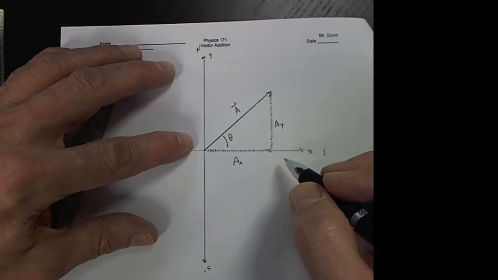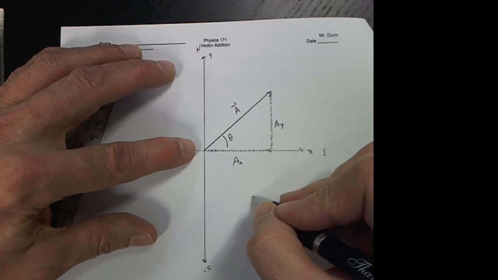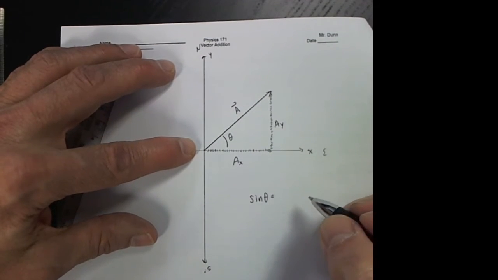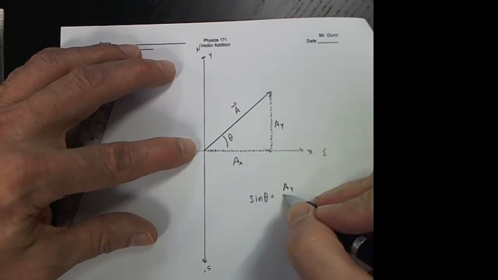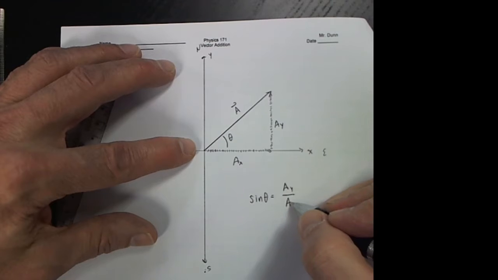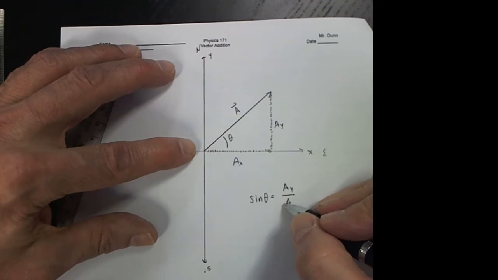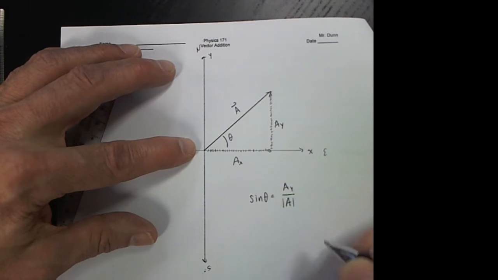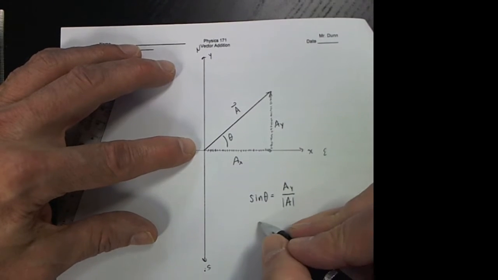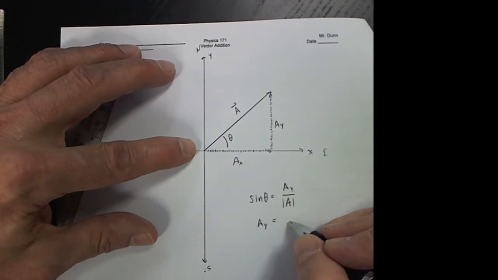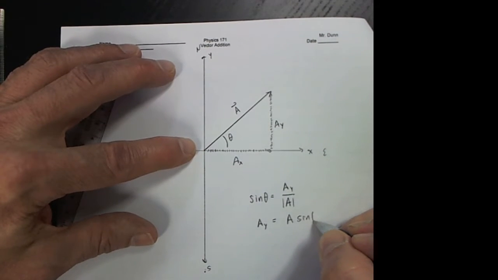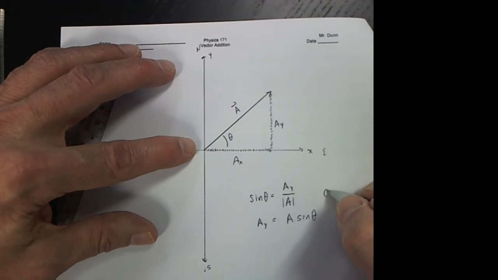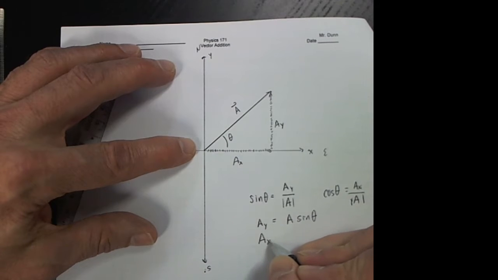Now you probably remember from your trig that the definition of the sine of theta is the opposite over the hypotenuse. So A sub Y over A. Because it's a vector, we have to think of this as being the magnitude of A. That means A sub Y, the Y component, is just going to be A sine theta. And likewise, the definition of cosine theta is A sub X over A, so A sub X is A cosine theta.